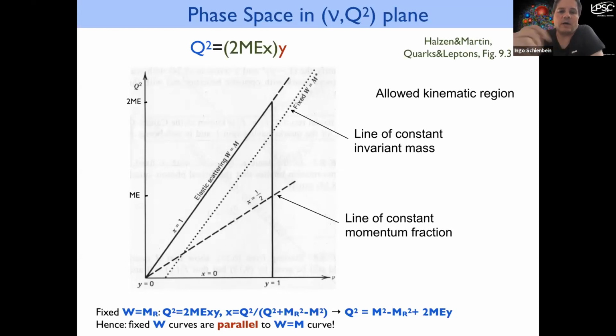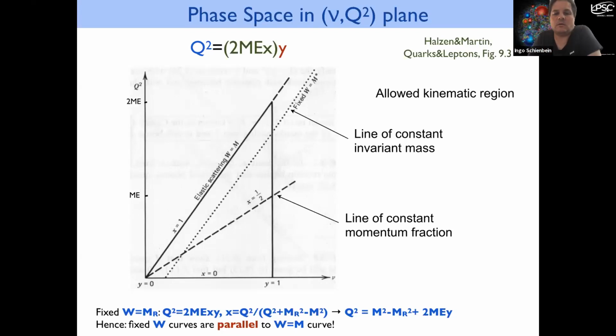So if x is 1, the slope is steepest. That corresponds to the elastic scattering. If x is 1/2, we reach at y equal 1 the point Q squared equal ME. This is this dashed line. And the smaller x is, the less steep the curve is.